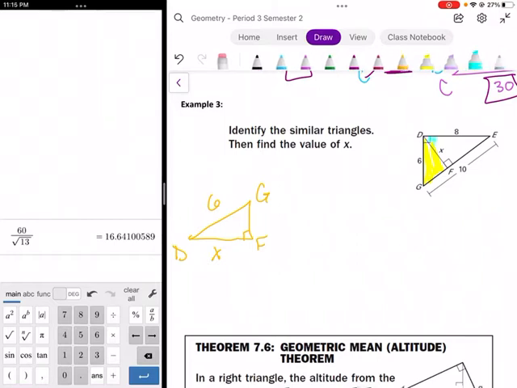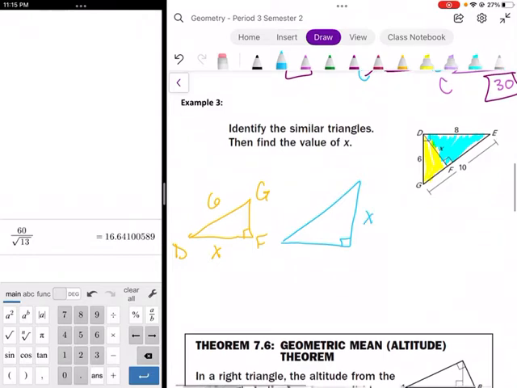Then my medium-sized triangle, I'm going to draw that one. Going in the same orientation, my longer leg is horizontal, which in this case we don't know the length of the longer leg, but the shorter leg is x and the hypotenuse is 8.